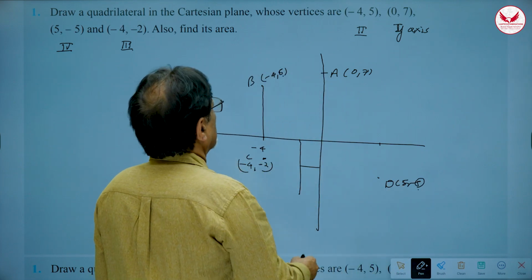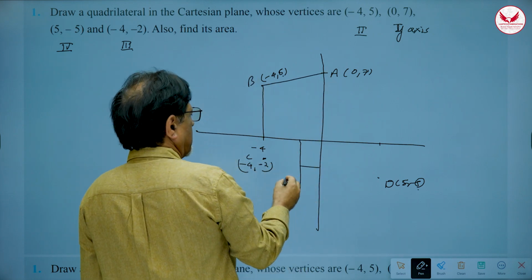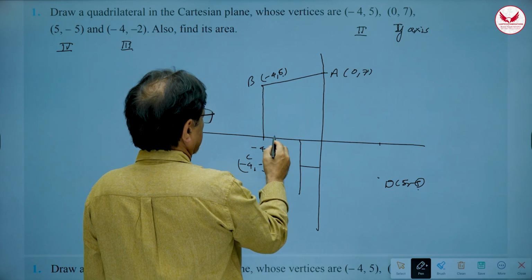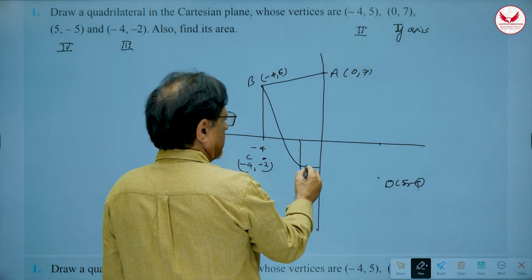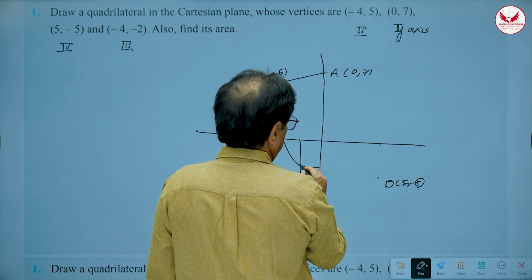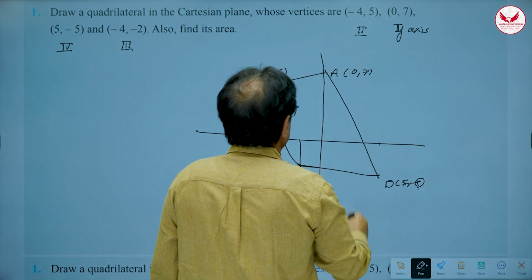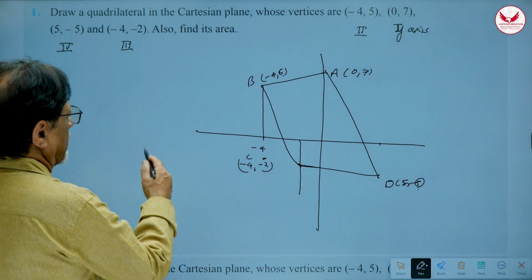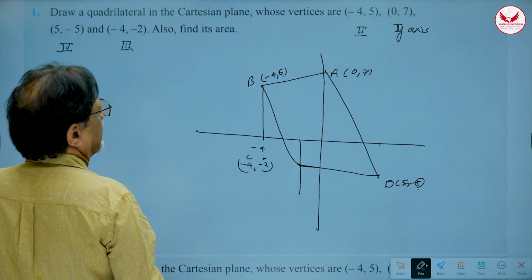Correct. So now, if I join these points, this is a quadrilateral. We have already drawn this quadrilateral, and now we want to find its area.